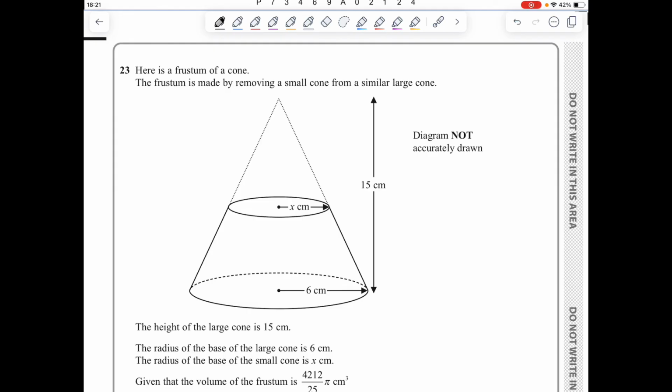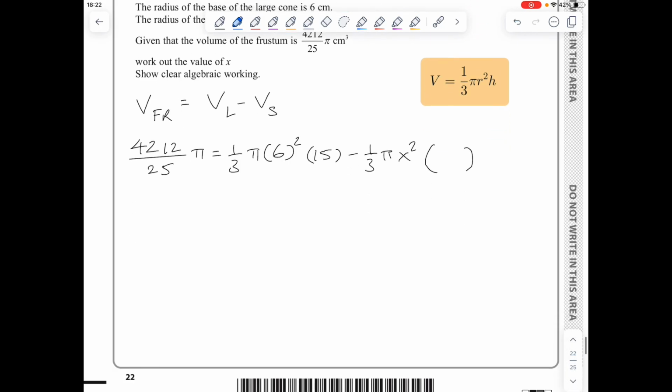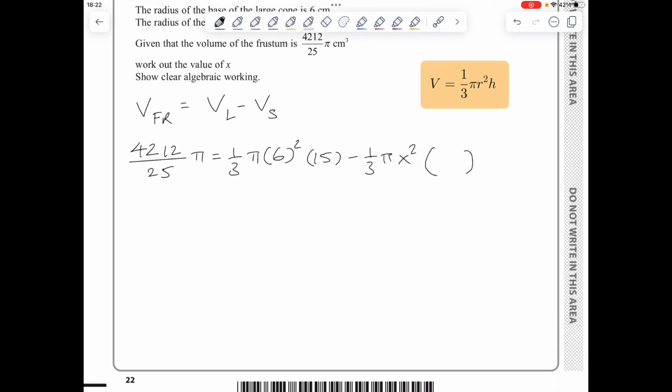Consider the following triangle, and h is the height of the small cone. Using the properties of similar triangles, h over x is equal to 15 over 6. Therefore, h is equal to 15 over 6 x. You can simplify this to 5 over 2 x. So now I can write the height as 5 over 2 x.